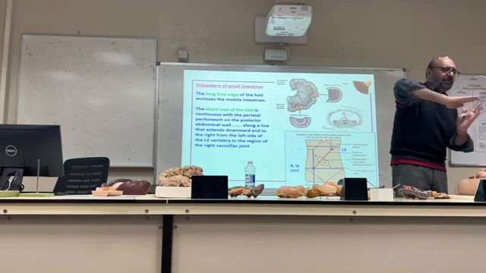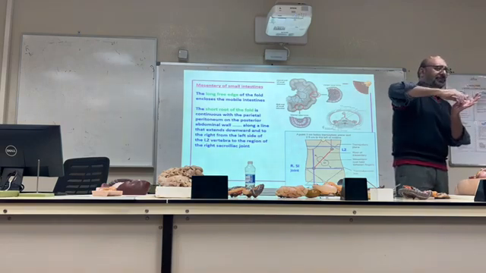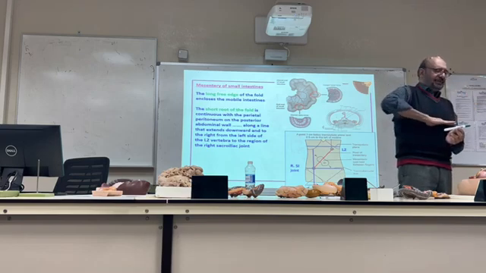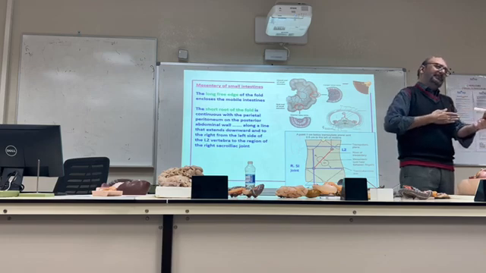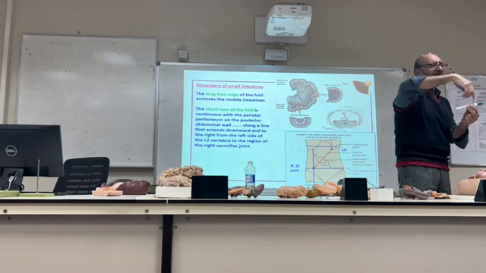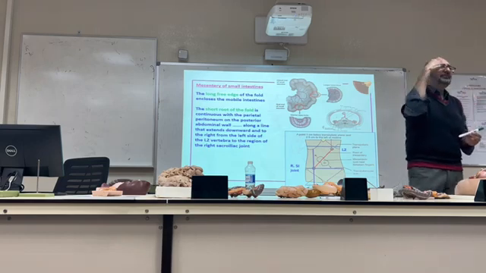It has a free border here, covering the loops of intestine. So this is the intestine. Here is the root of the mesentery. It will come, cover it like this and go back. So the last part of the duodenum, the jejunum and the ileum, all are in this free border. It looks like a fan.